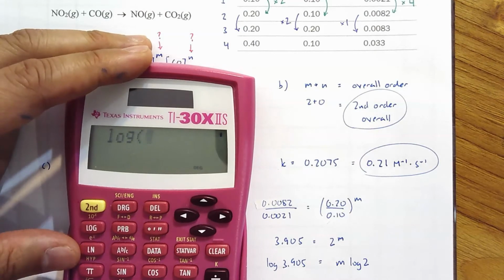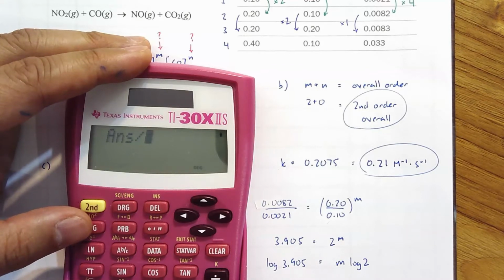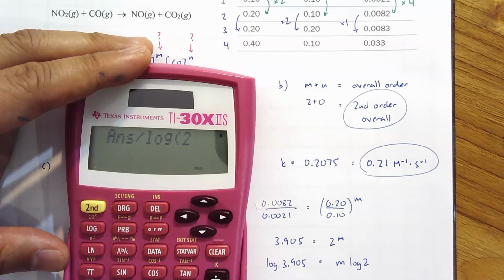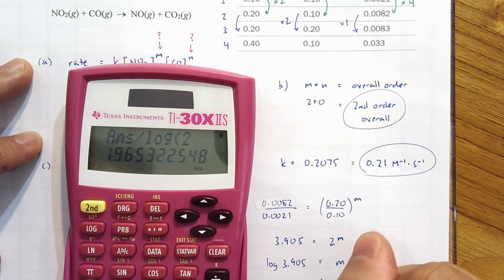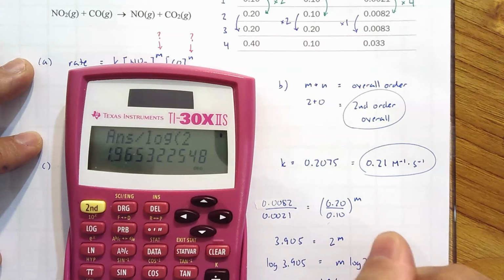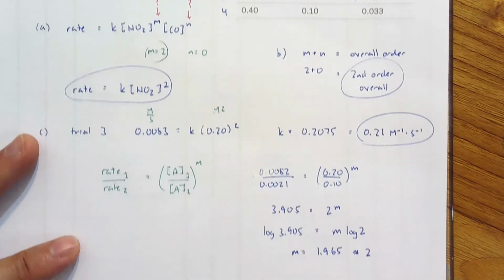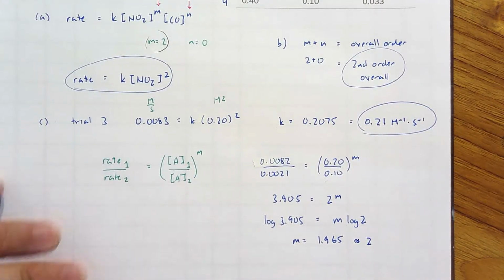Log 3.905 divided by log of 2 equals m. M equals 1.965, and that is close enough to 2 that you can say that it is second order.